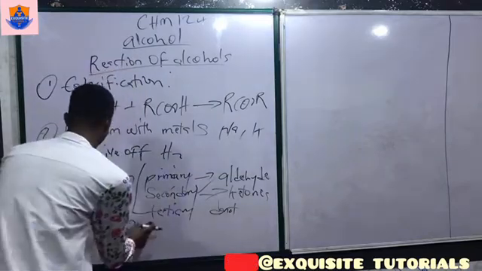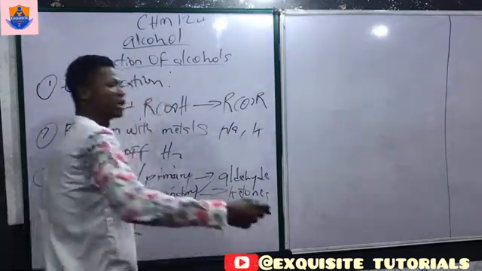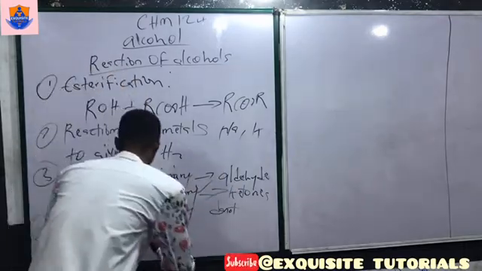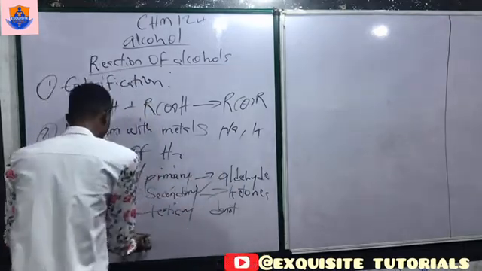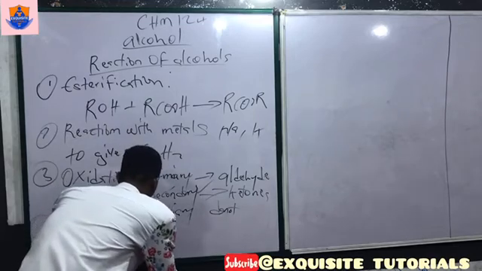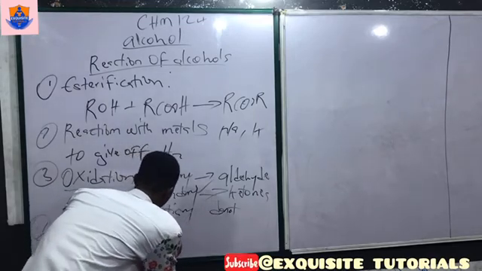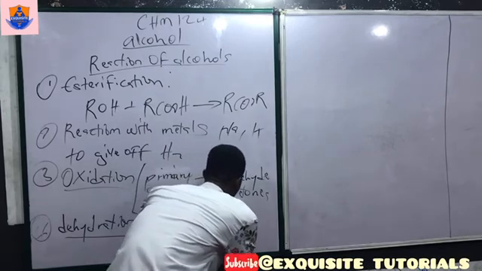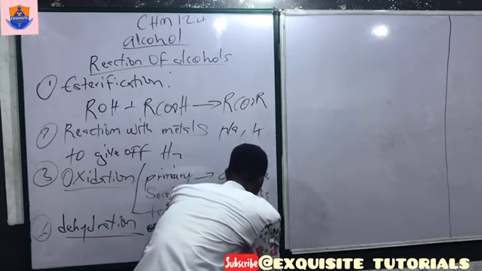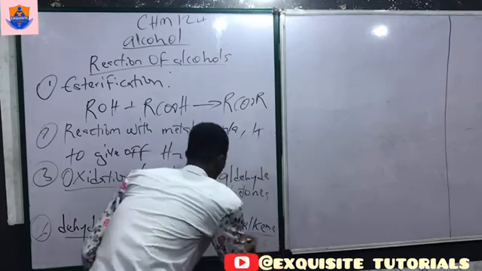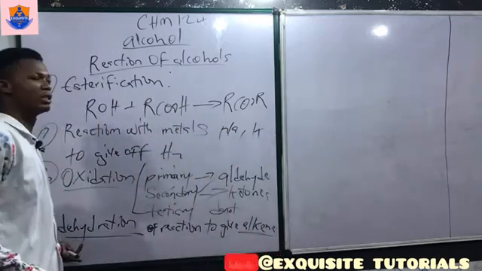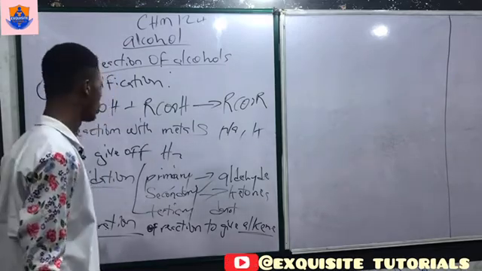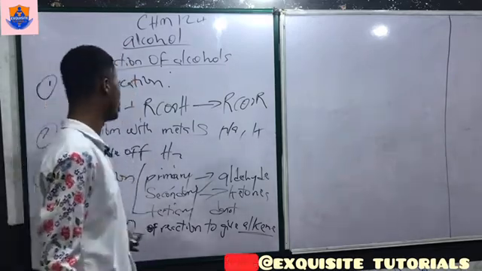Now, when these alcohols are dehydrated, which is the removal of water, it gives you ethene back, or let's say an alkene. So, the dehydration reaction to give an alkene.